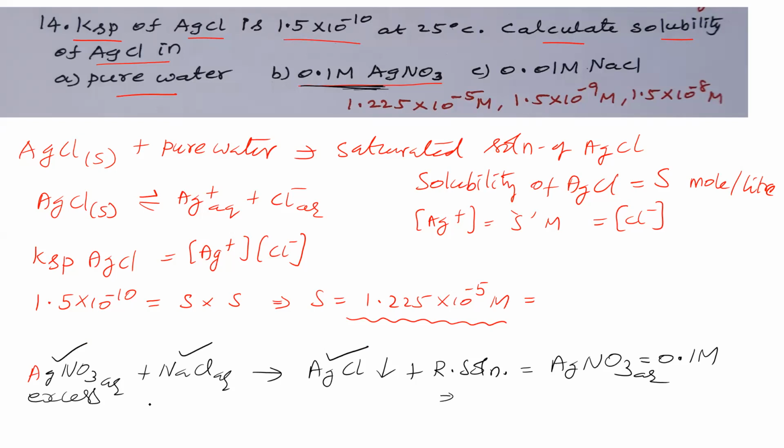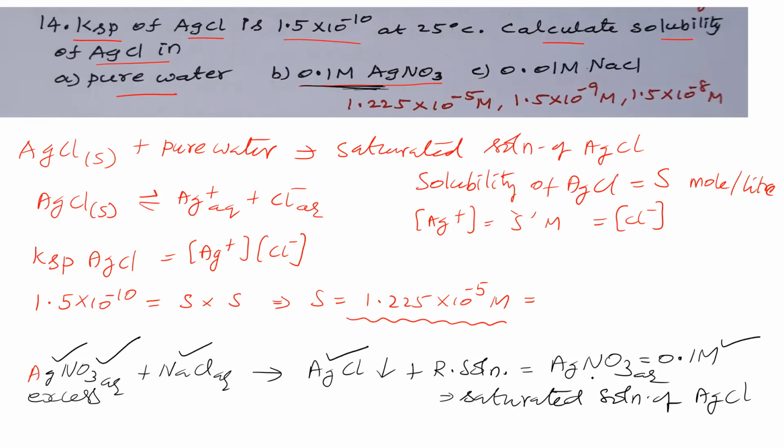That solution contains the remaining silver nitrate, at a concentration of 0.1 molar. The resultant solution is a saturated solution of that precipitate, silver chloride.